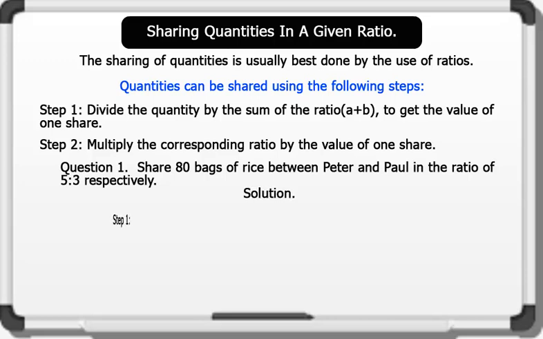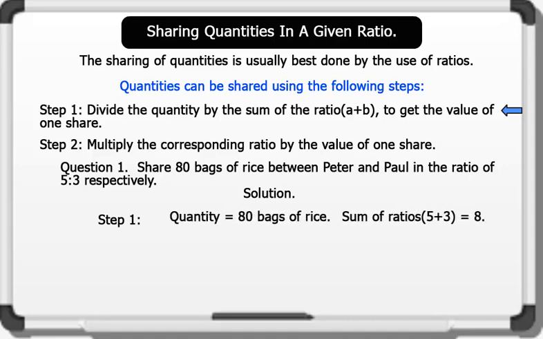Solution. Step 1. Divide the quantity by the sum of the ratio to get the value of one share. Quantity is 80 bags of rice. Sum of ratios is 5 plus 3 equals 8. Therefore, 1 share is 80 bags divided by 8, which equals 10 bags.